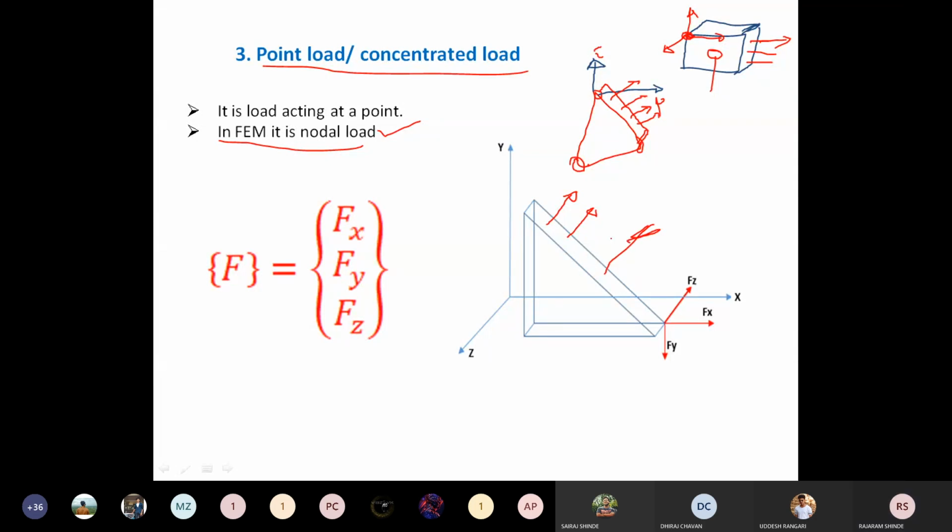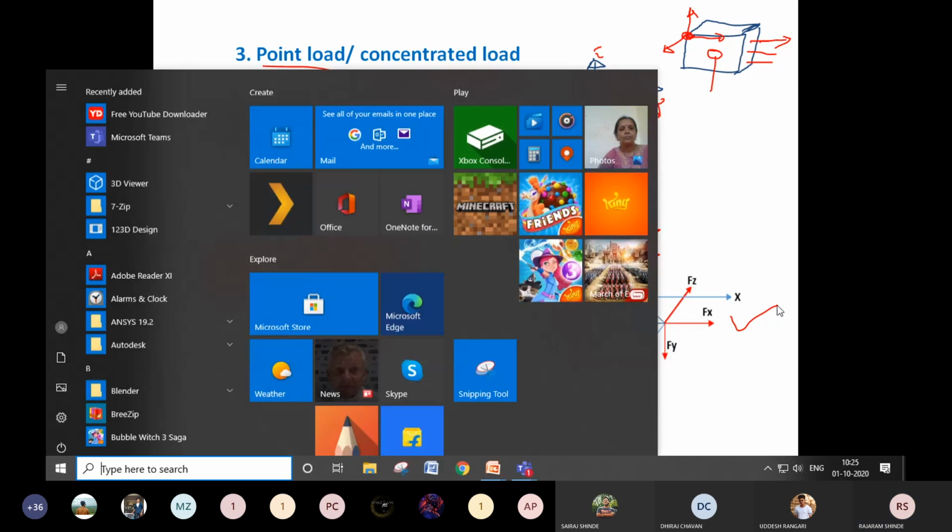It may be a uniformly distributed load. It is acting on the surface, and body load is acting over the volume. This one. Okay, and this is your point load. Have you got the difference between these three? Have you got?